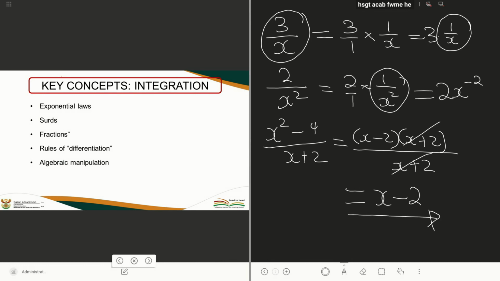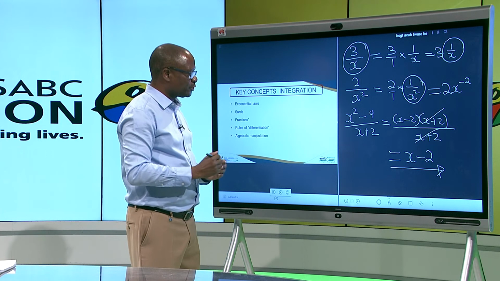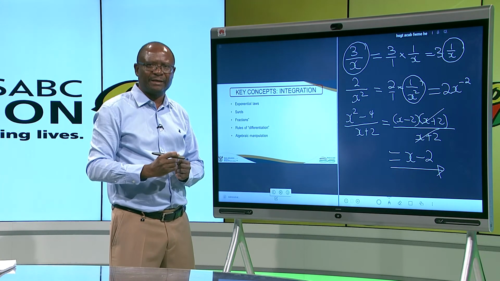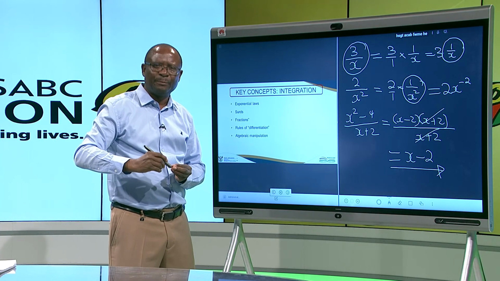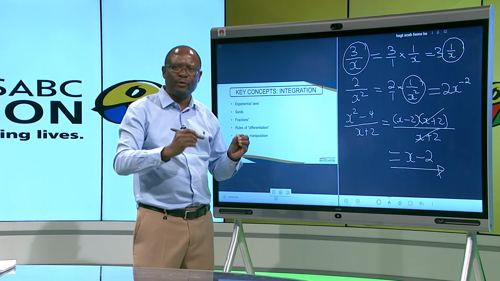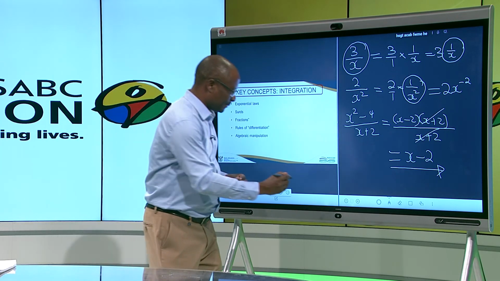We have now simplified our fraction into x minus 2. In this format, we can now integrate it. But let me also give another type of fraction wherein you cannot factorize it. If you cannot factorize it, what can we do in order to easily integrate it?